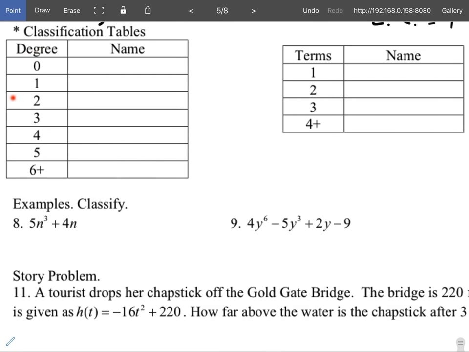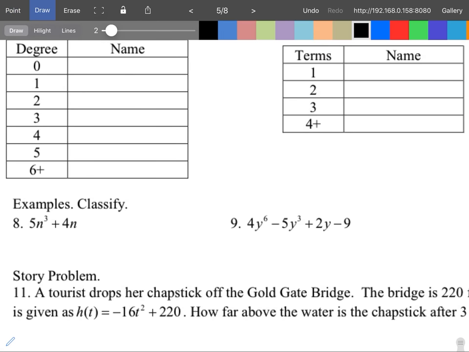One is by their degree, and then the other way is by the number of terms. So if the polynomial is of degree 0, it's called a constant. If the polynomial is of degree 1, it's called linear.